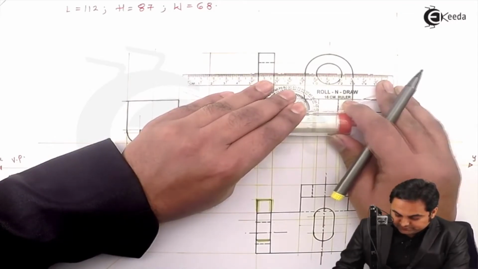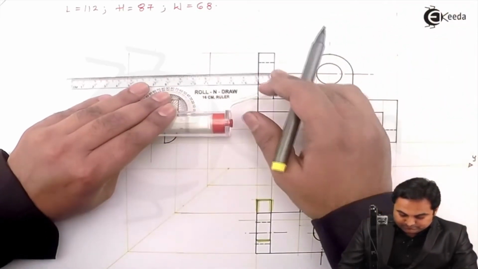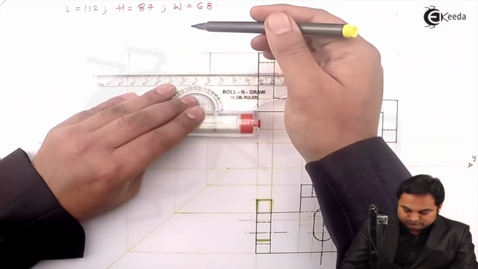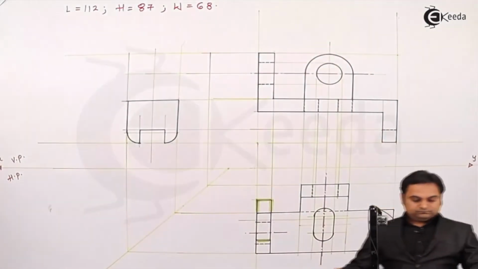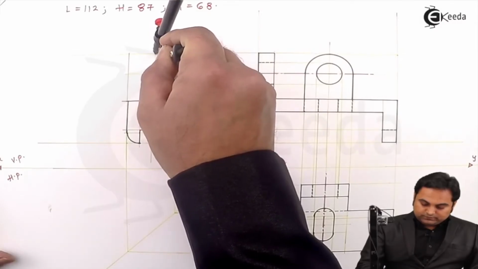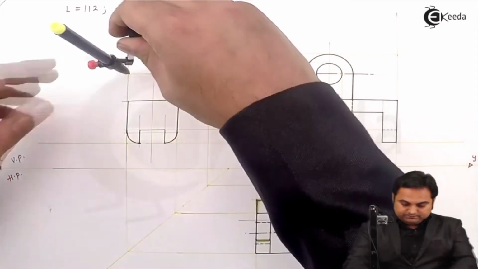Projecting the center for the semicircle. Then drawing this semicircular part.